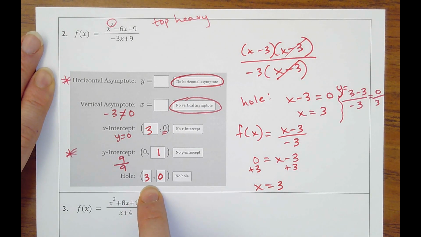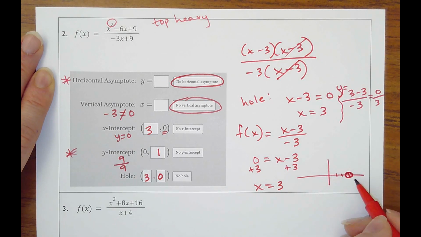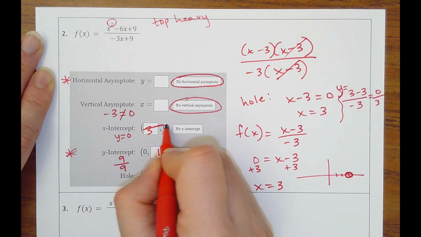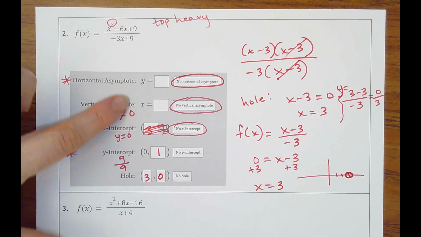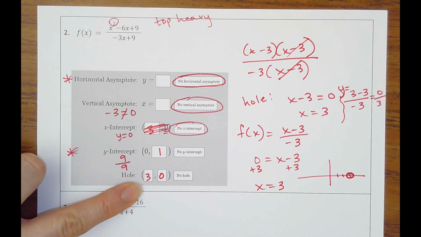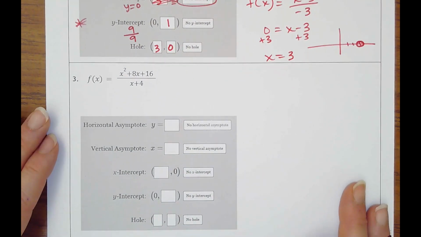I have a hole at 3 comma 0. So is that actually an intercept there? No. So actually this did not work either. There's no x-intercept. So if you find one of these characteristics actually has a hole at that location, then it doesn't actually exist.